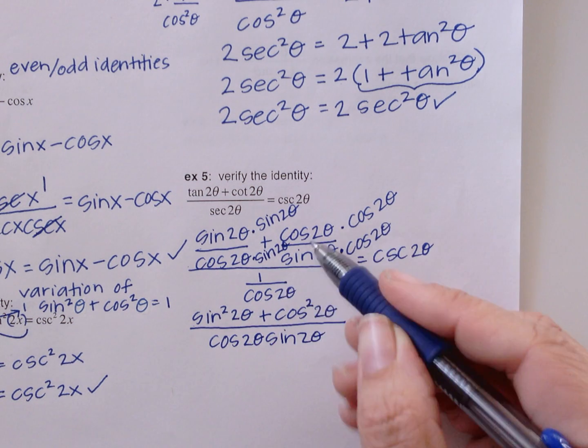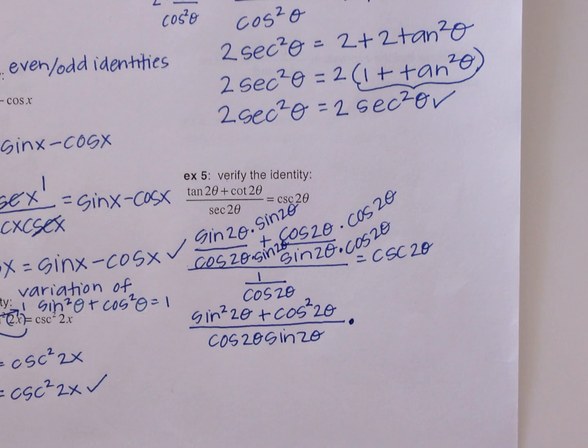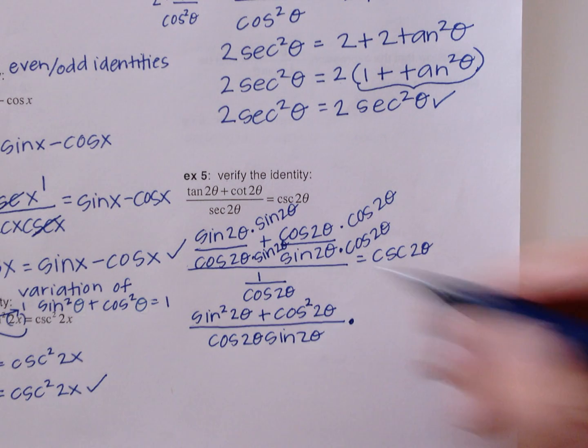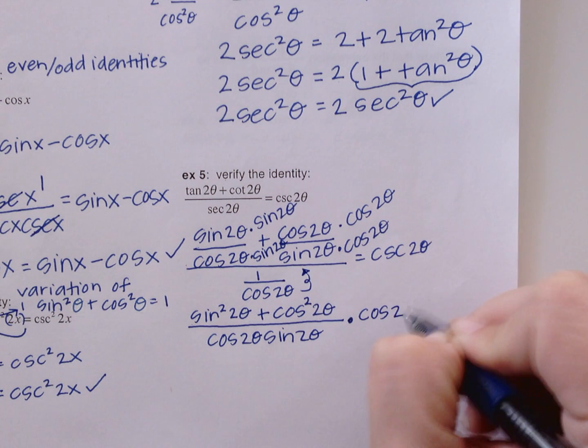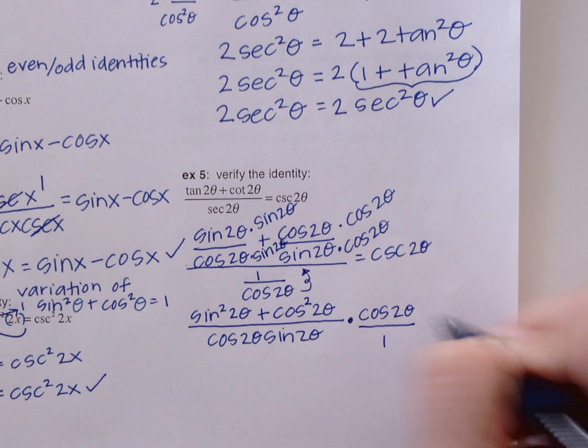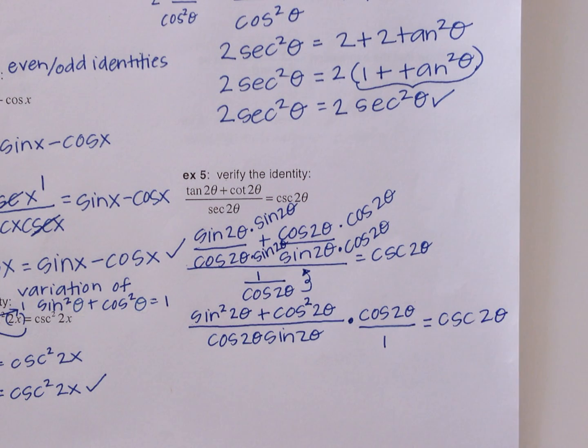And whenever we have more than one fraction bar, we copy dot flip. So rather than making that another step, let's just do it right here. We're going to copy dot flip this cosine 2 theta over 1, and then copying the right side, which is standard protocol. You will get marked down on tests if you don't do that if you're in my class.